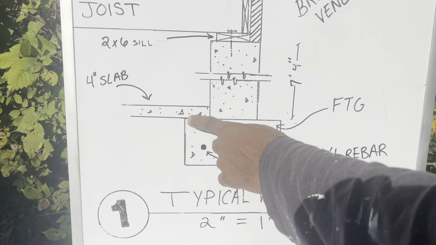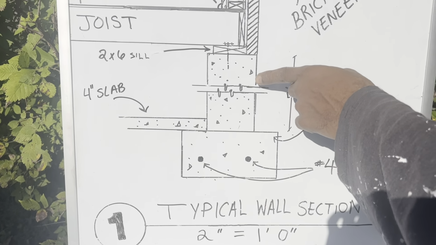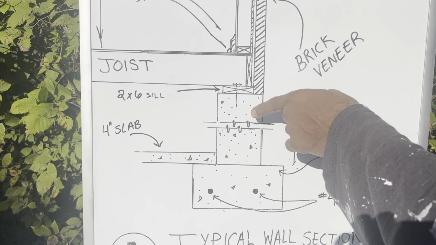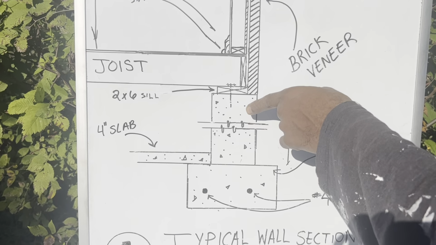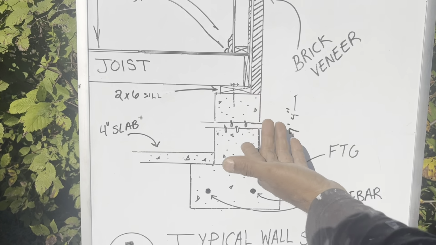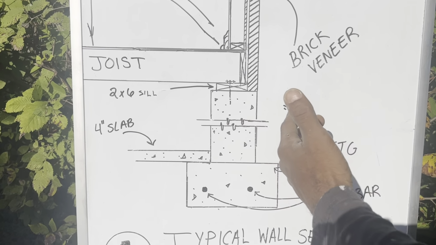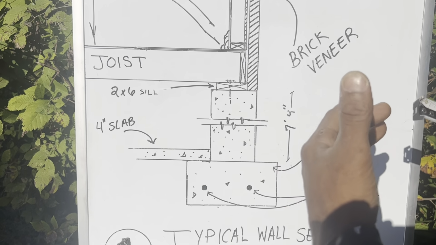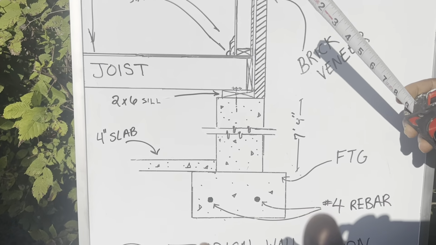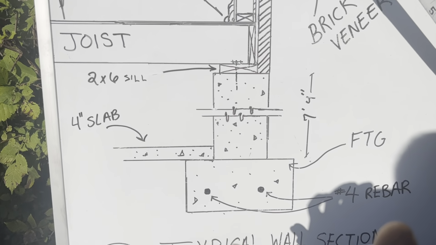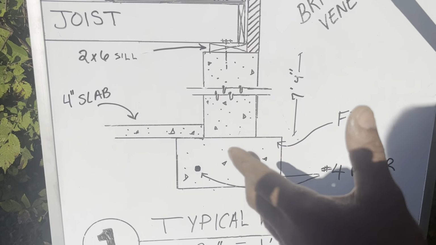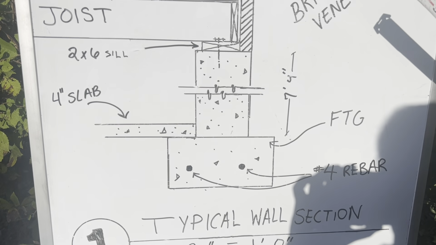We have the 4-inch slab. We have the concrete foundation, a concrete wall, which can also be CMUs, concrete masonry units, which you'll normally call concrete block, cement block. They'll use it for the foundation wall.